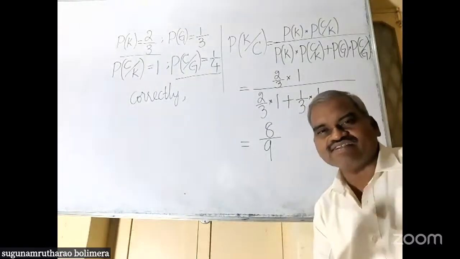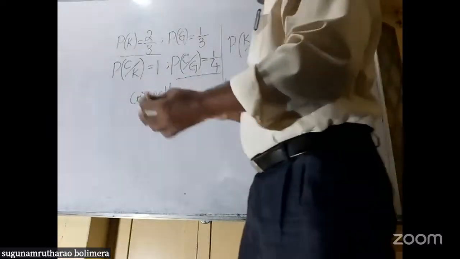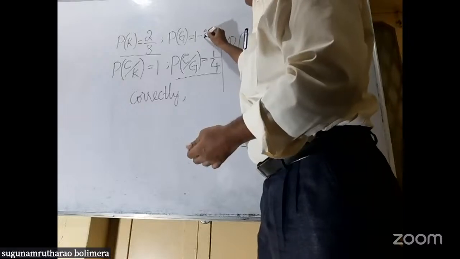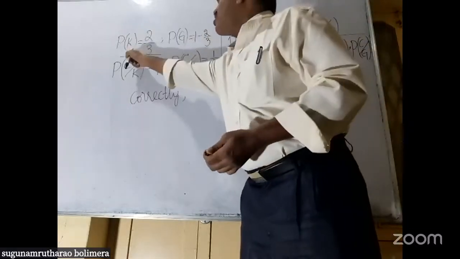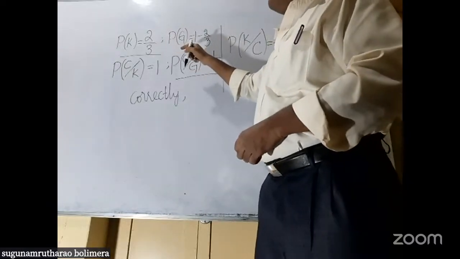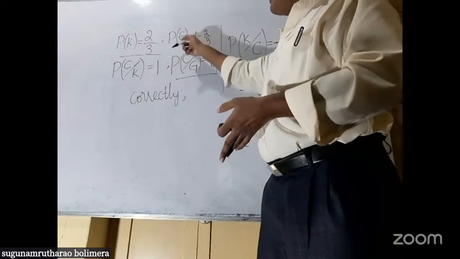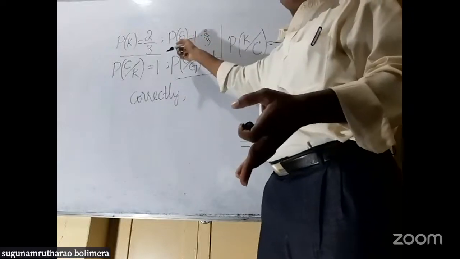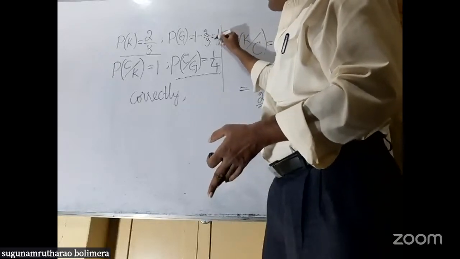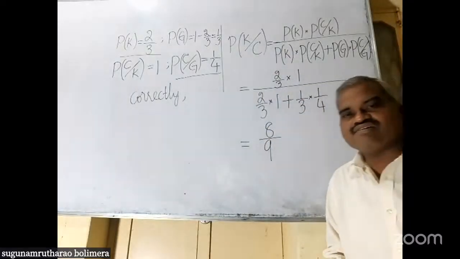P of G is nothing but 1 minus 2 by 3. If you don't know, you will guess the answer. That is given in the content. Don't know is nothing but guessing. So P of G is nothing but P of K complement. So 1 minus 2 by 3 is 1 by 3. That's enough. Okay. Is it clear?